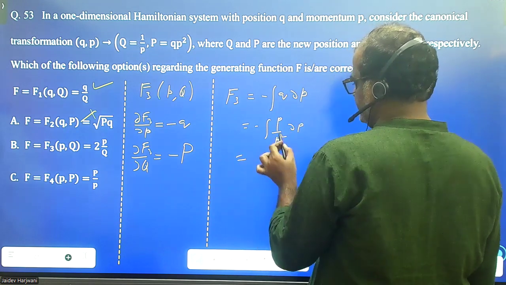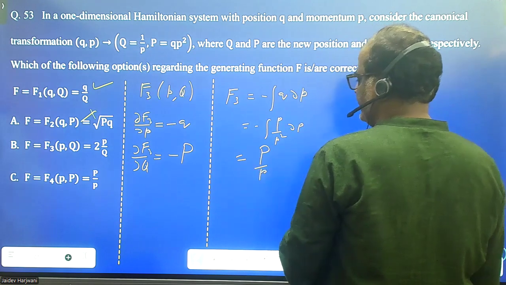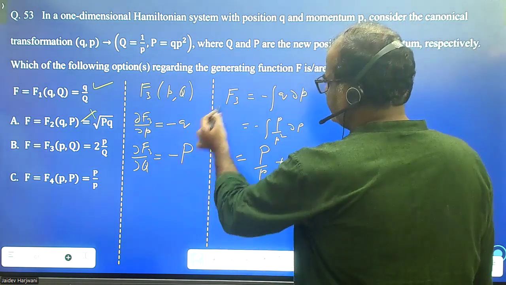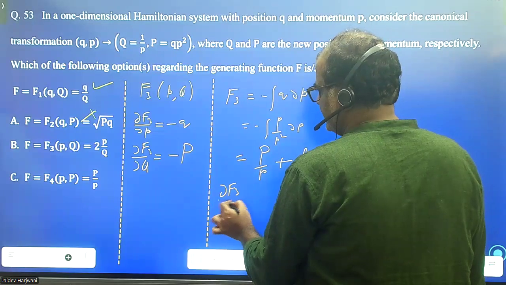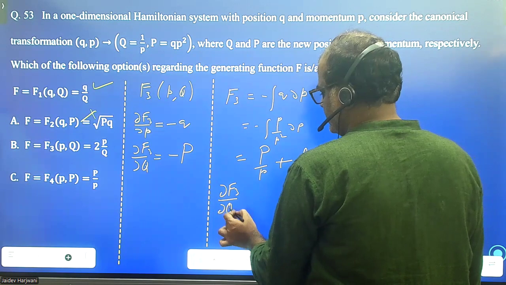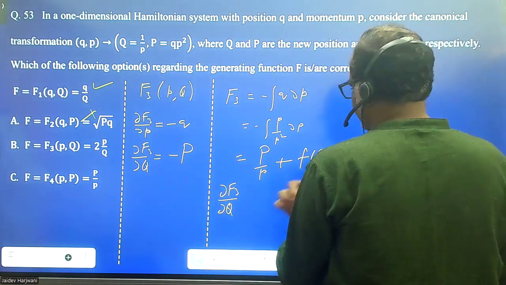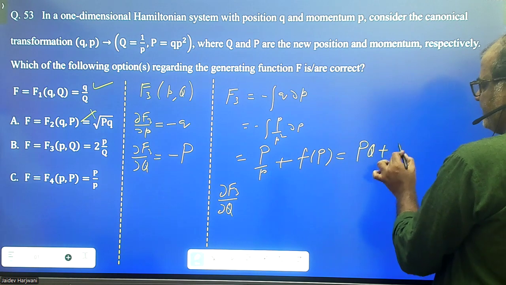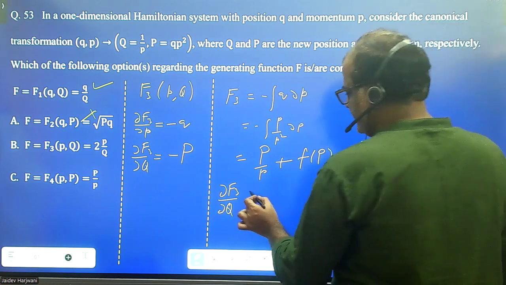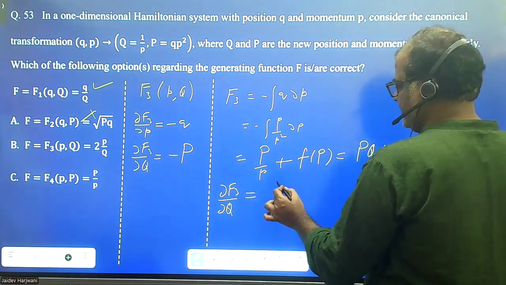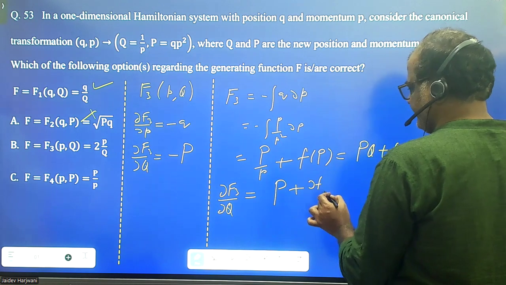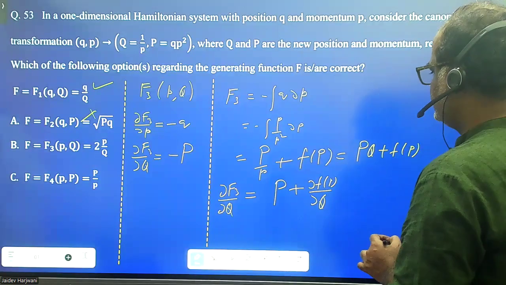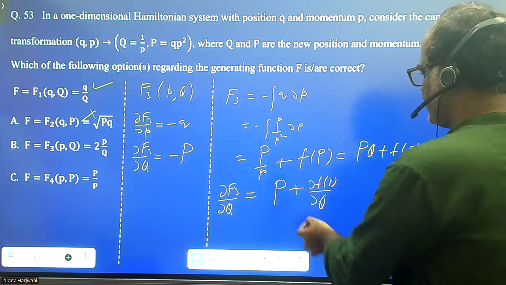Now if I integrate this one, this gives me P upon small p plus, I can write, capital F of P. Now if I differentiate this one, this should give me minus P. So del F3 upon del Q. Okay, so let us bring it in the form of Q. So this becomes capital P, small p is half Q plus F of P. So del F3 upon del Q, if I differentiate this one, this will give me capital P plus del F of P upon del Q. So anyway, these equations are not matching.